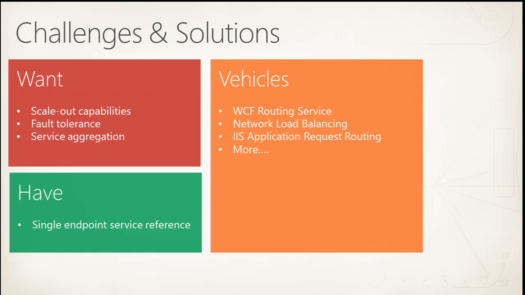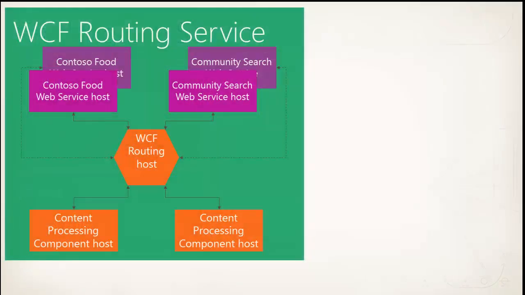So I'll move on a little bit. What I'll show you today is something called the WCF routing service, which was introduced in .NET 4.0. What I'll show you now is very simple compared to the actual capabilities of the routing service.